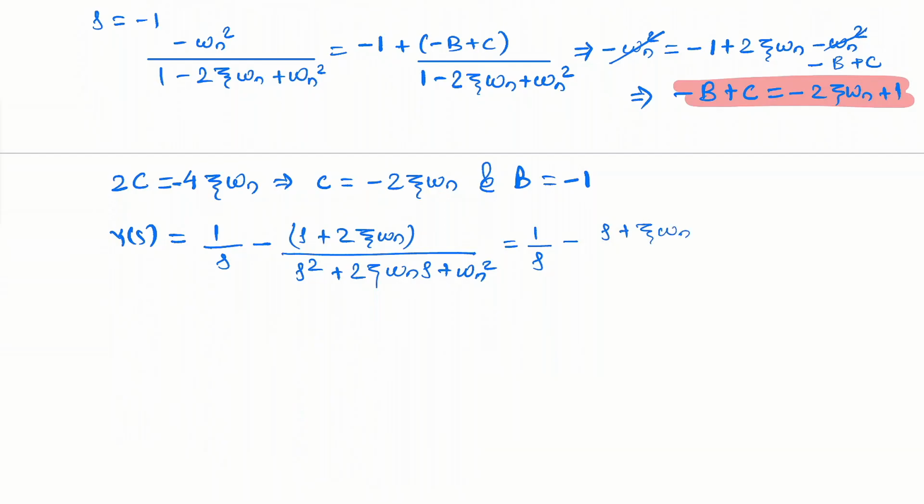So we'll split this 2 zeta omega n into two portions. And we also will define omega d, that is the damped frequency, as omega n square root of 1 minus zeta square.